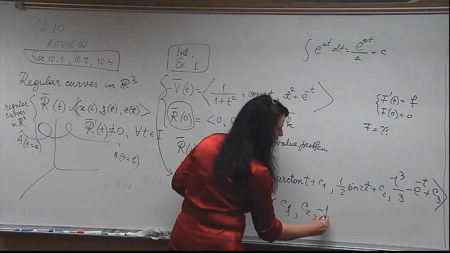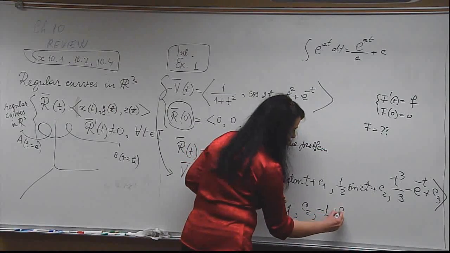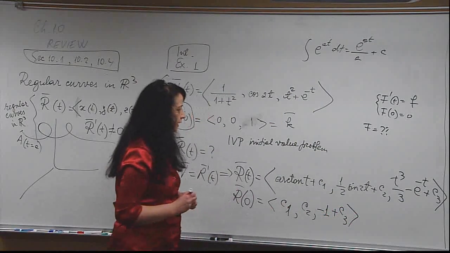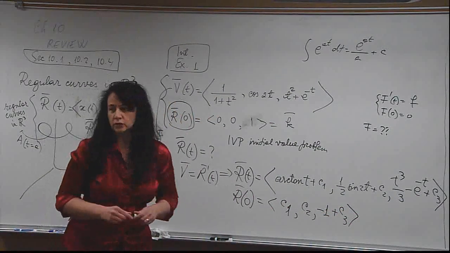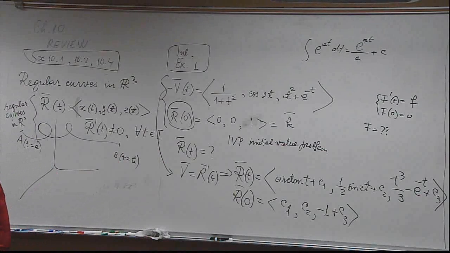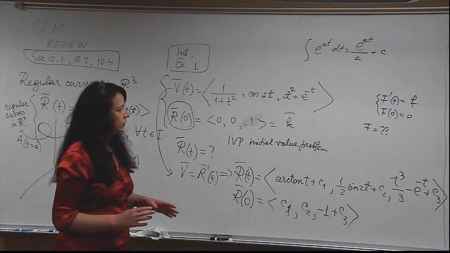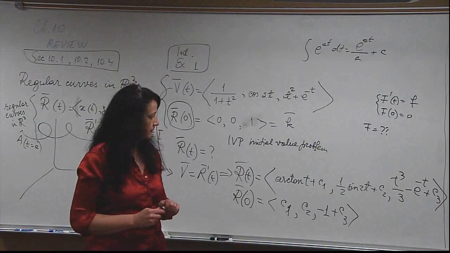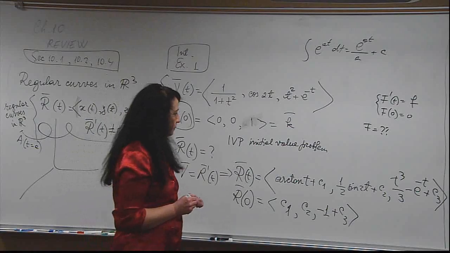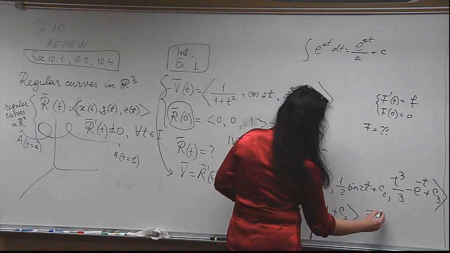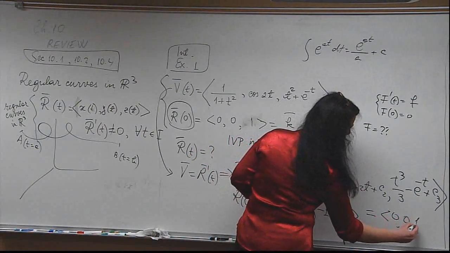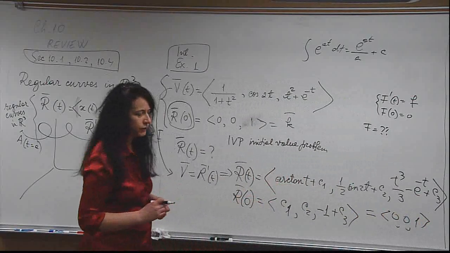Minus 1 plus C3. Note that I fabricated this example so that C3 is not going to be 0. I wanted some constants to be 0 and some constants to not be 0, for you to realize it's important to pay attention. Minus 1 plus C3, and then I have 0, 0, 1 as the given initial position.